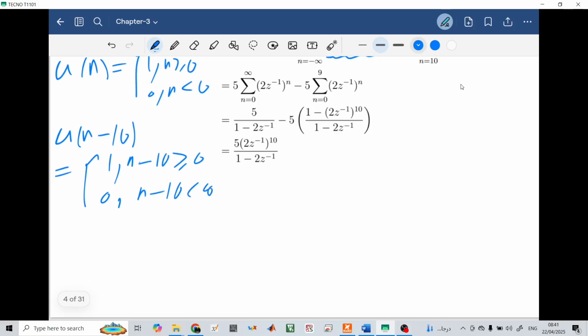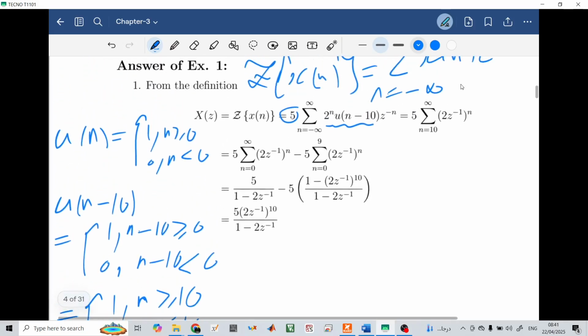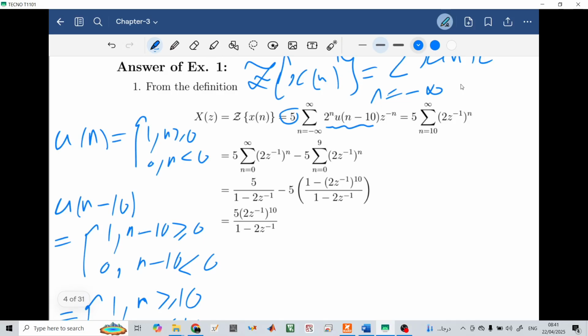So this leads to that it is 1 when n is greater than or equal to 10 and 0 when n is less than 10. So we use this definition here in the summation. The samples less than 10 are zeroed out, so we start the counter from n equals 10.